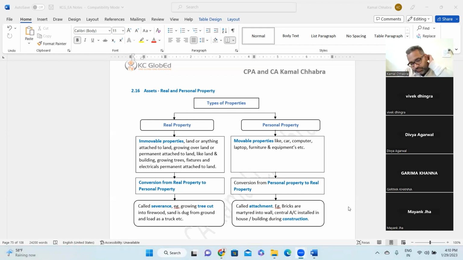Now, if you look at the left hand side, the third box, converting from real property to personal property. For example, you have trees on the land. Till the time they are growing on the land, they are real property.